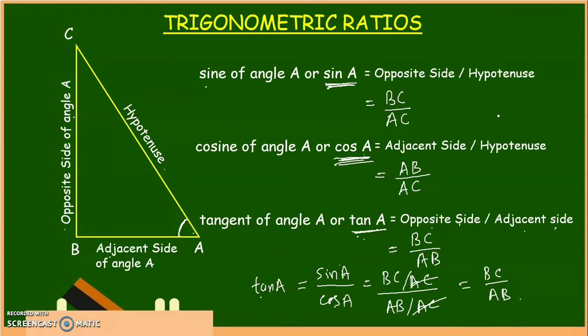Now let's see another three. In total there are 6 trigonometry ratios.